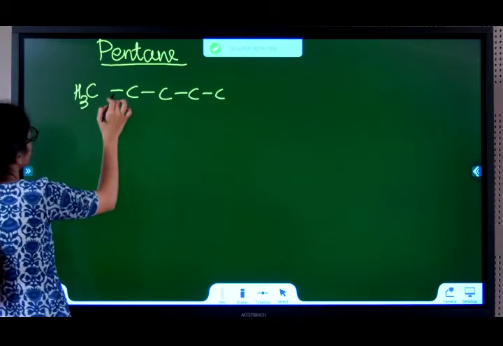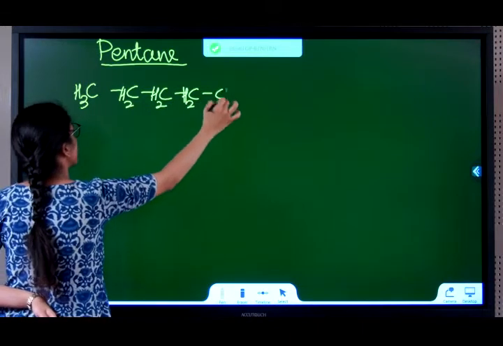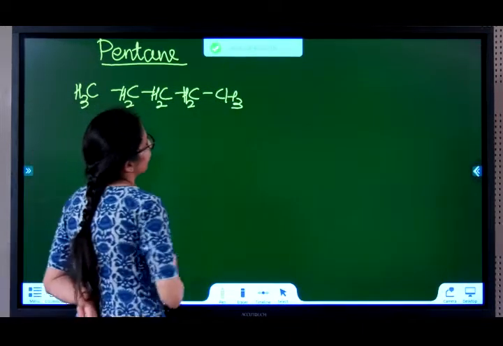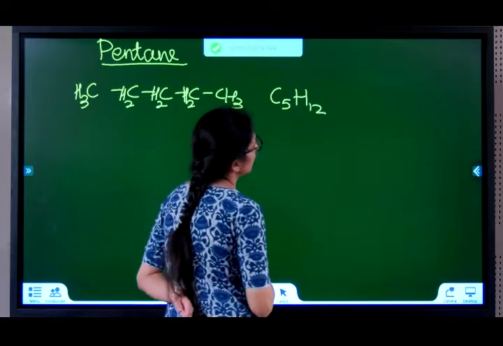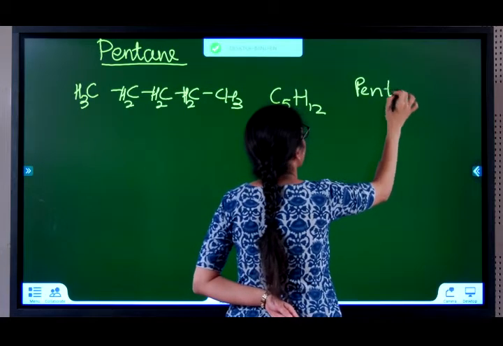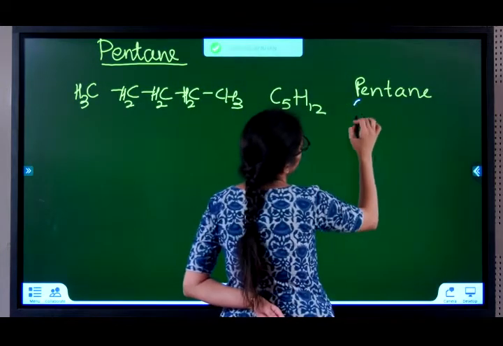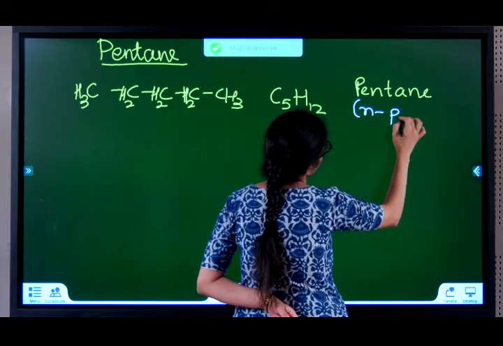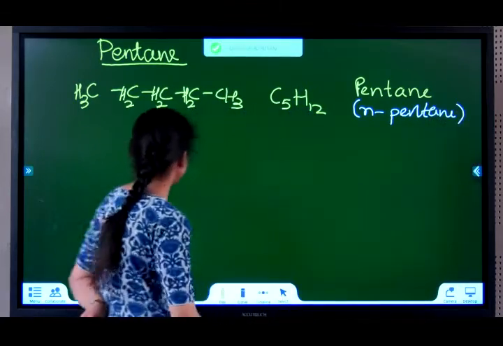Put the H's: H3, H2, H2, H2 and H3. Formula C5H12. You can count. IUPAC name pentane. Common name n-pentane, normal pentane. Now next.